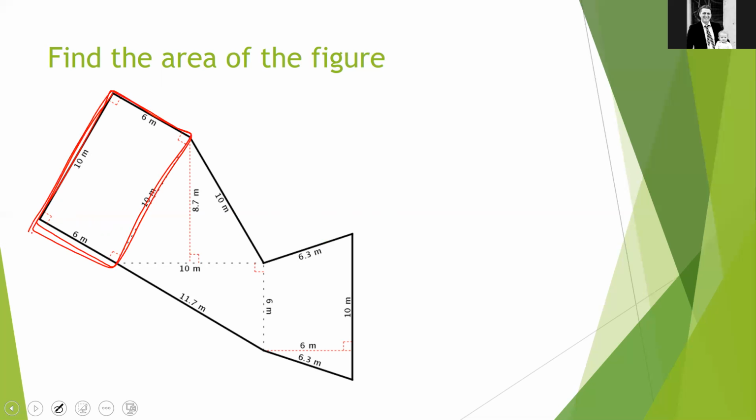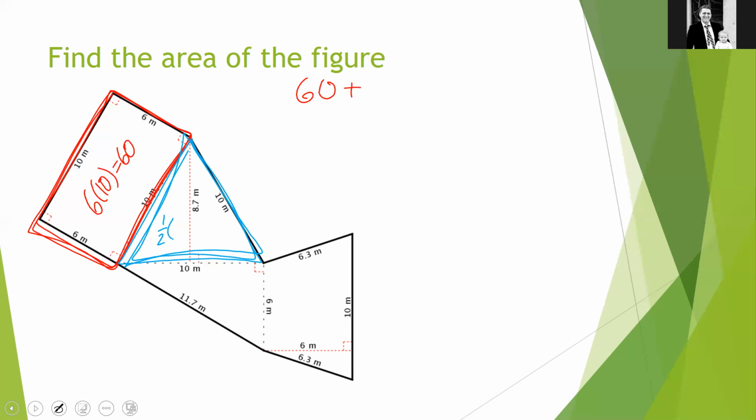And that, to me, looks like a rectangle. It is a rectangle because I have right angles. So rectangle is base times height. So 6 times 10 gives me 60. Okay, I'm just going to keep a running total here of my areas. Okay, and then I have this nice triangle. Triangles are 1/2 base times height.